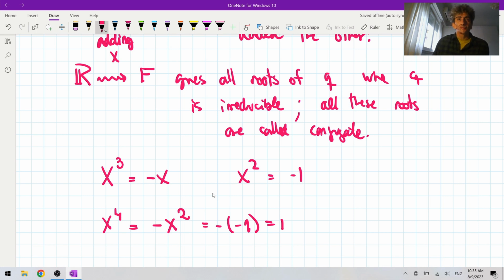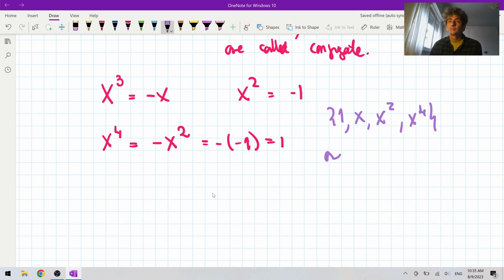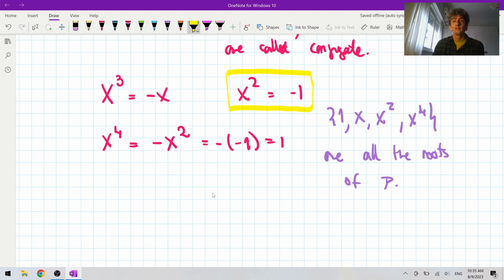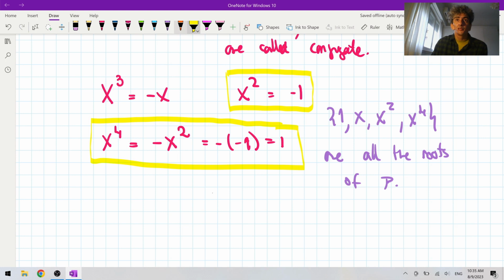So this is interesting. 1, x, x squared, and x fourth are all the roots of p, because x squared was a root of p, x to the fourth power is a root of p, and then x and x cubed were the roots of q. So this collection consists of all the roots of p.